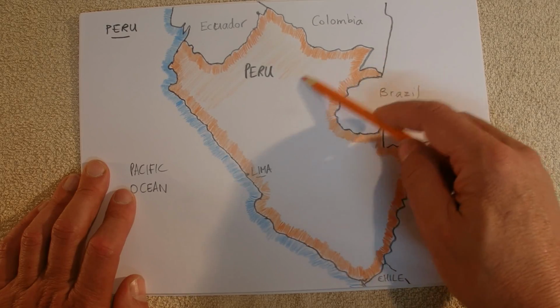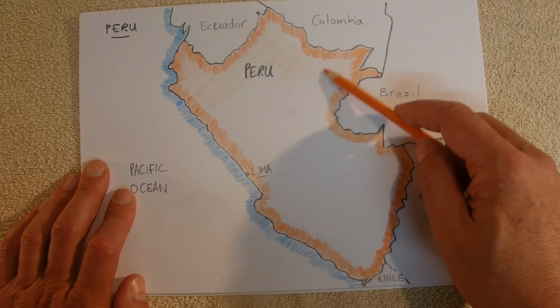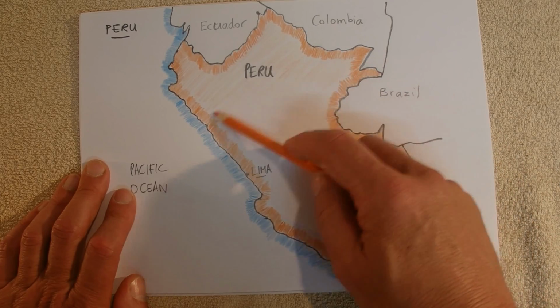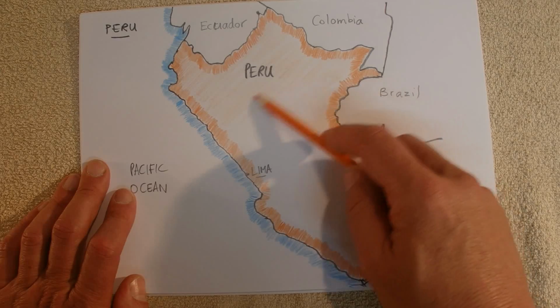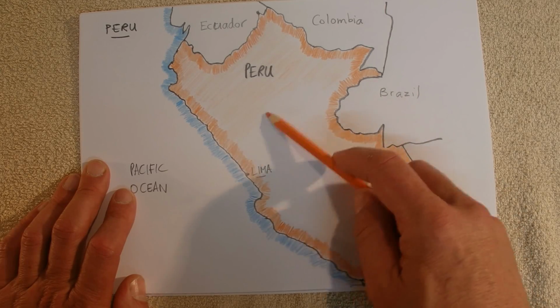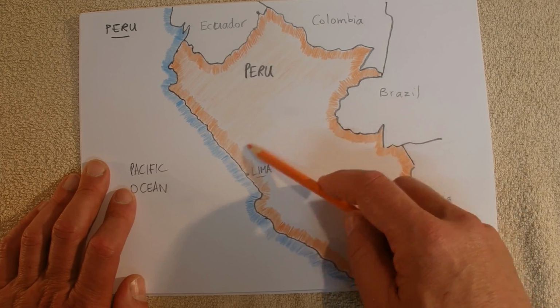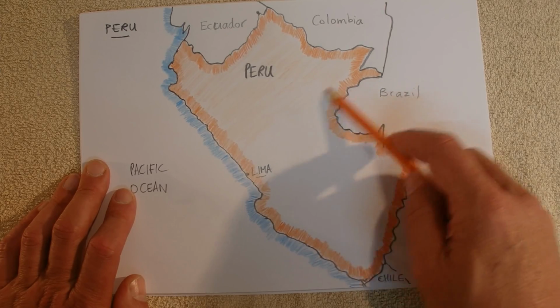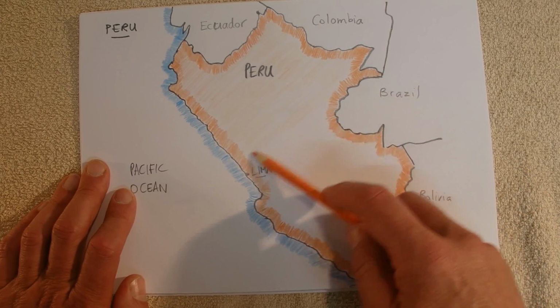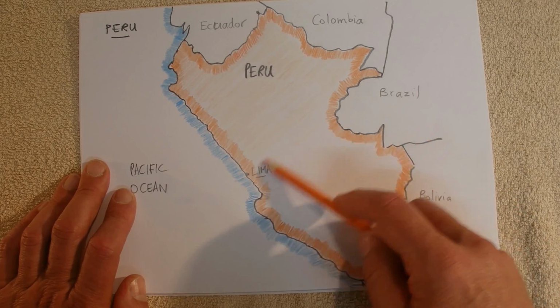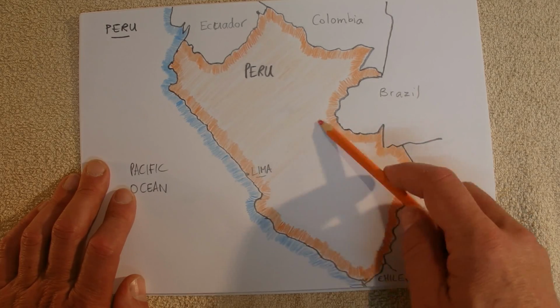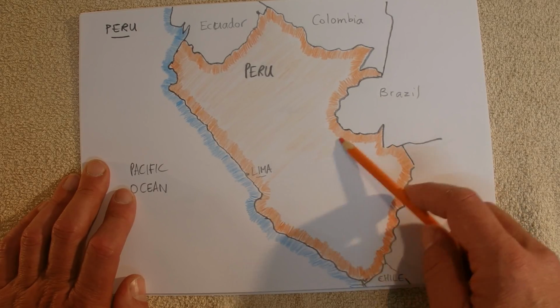And up the top here where I'm colouring in, this is sort of where the Amazon River is, and a lot of the rainforests are also there in Peru. There's also, which I find amazing, there's the rainforest, but there's also sort of big sand dunes as well, which I'll point out later on in the video.